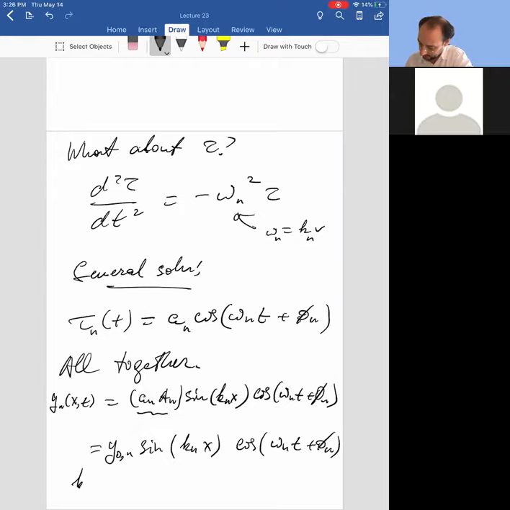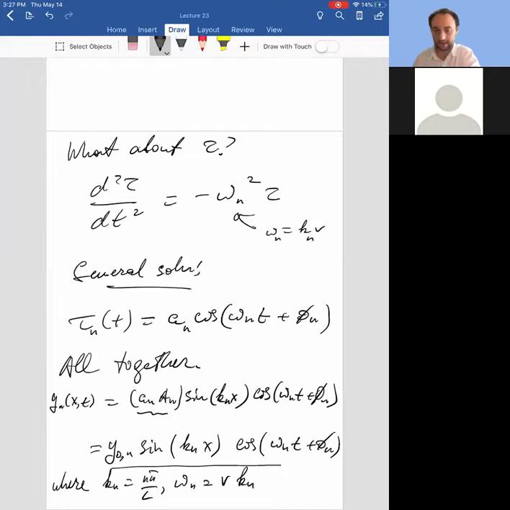And again, k sub n equals n pi over L, and omega sub n equals v times k sub n. Okay, so this is the general solution of a mode.